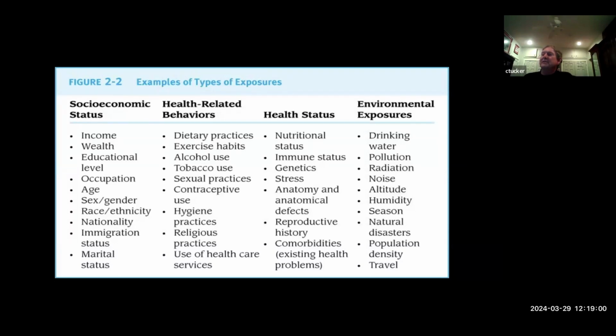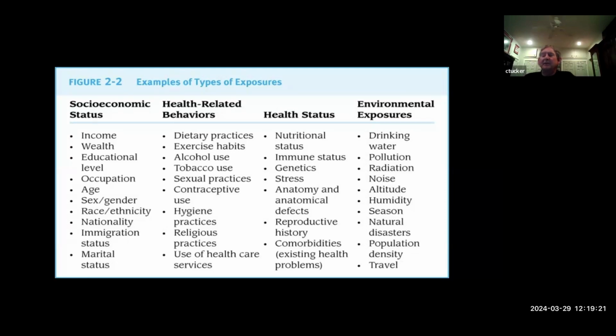Well, there are some things here with the health status we can't ever take out of the equation, right? Genetics and stress, what stress does to us. And also the genetics, they are what they are. Now, some patients will come in with a congenital defect, maybe an anatomical defect.